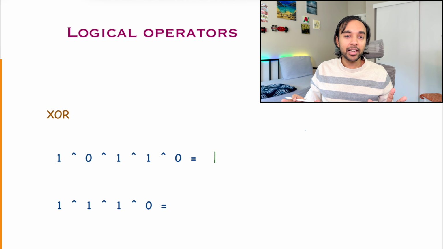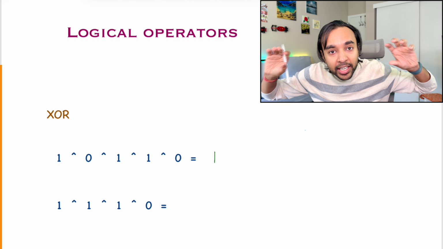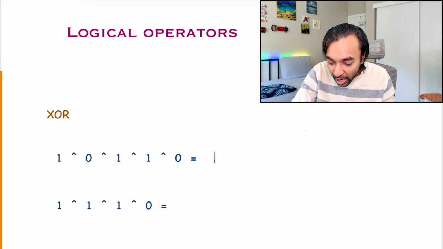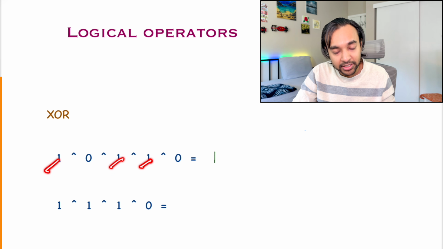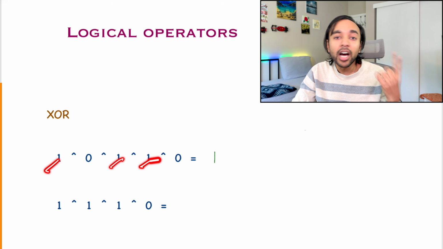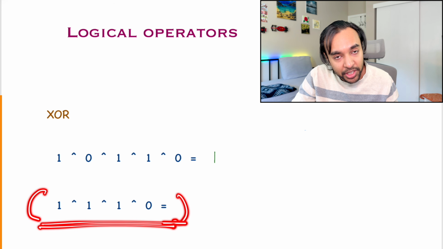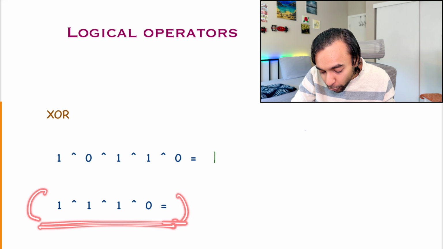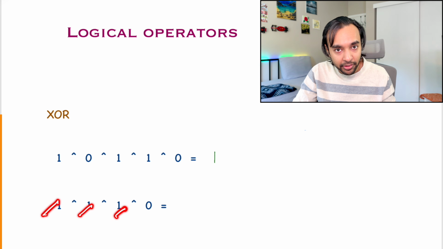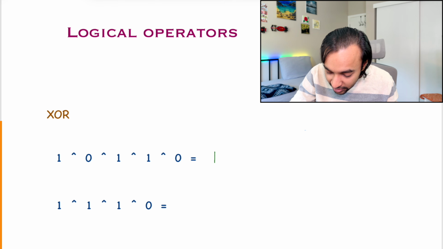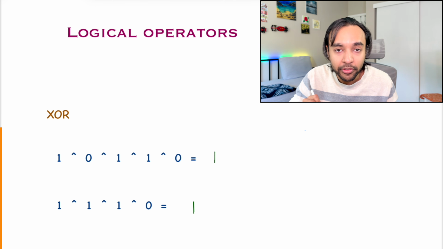It is a very simple calculation. If you are given an entire expression, if you have an odd number of 1s, then the answer is 1, otherwise the answer is 0. For example, in this particular expression, I have 4 numbers available, but I only have 3 1s. So the answer to this particular expression will also be 1.